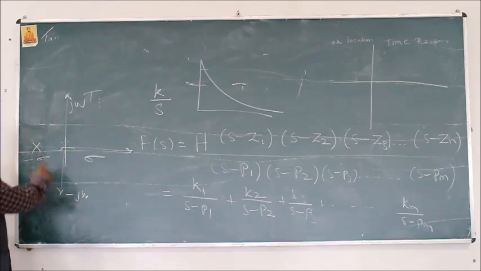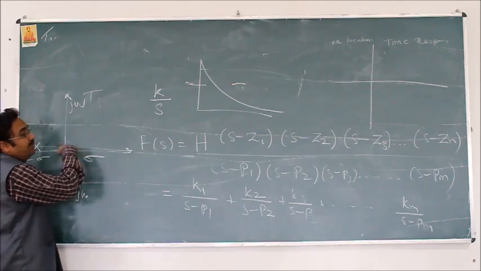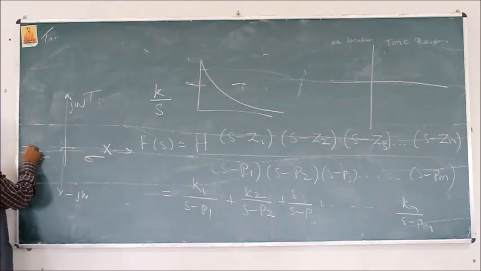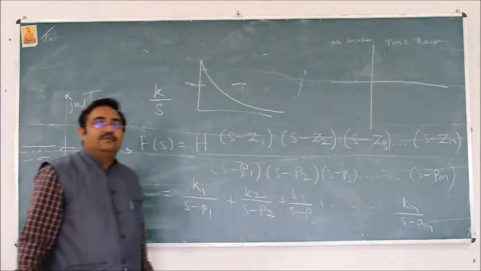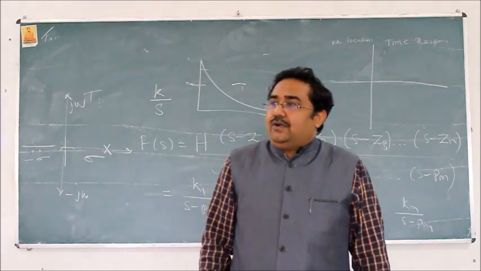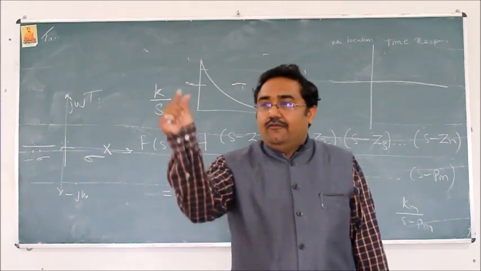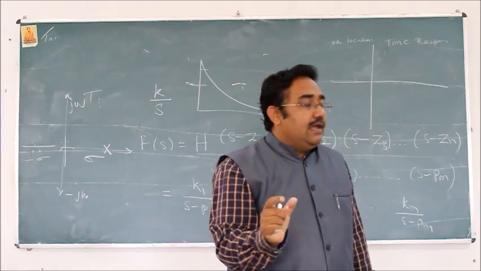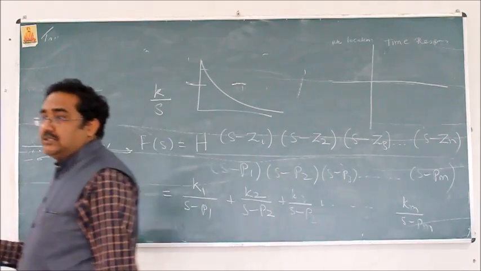Okay, now take another case. Suppose my pole is lying on the real axis but on the positive real axis. My pole is lying here. Again, what will be the response? First of all, what will be the transfer function F(s)? K upon S minus sigma.